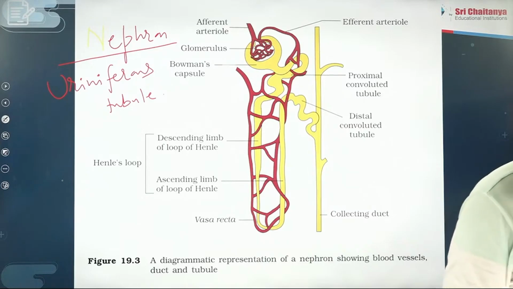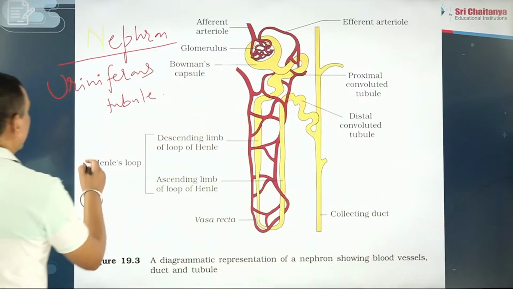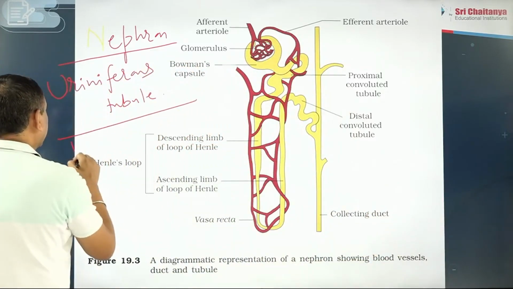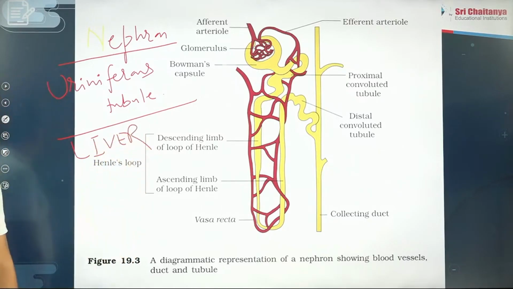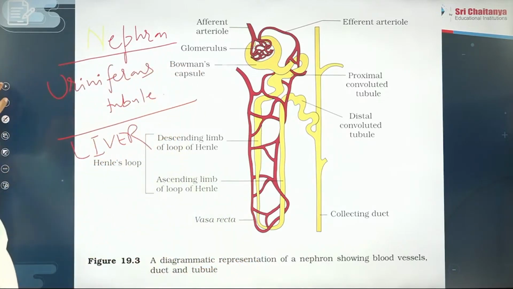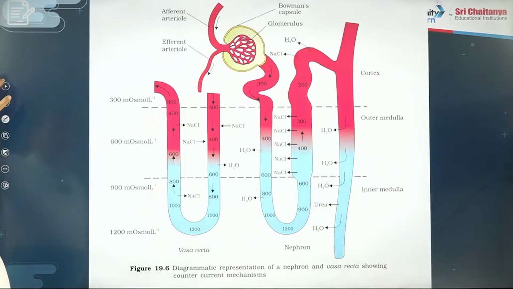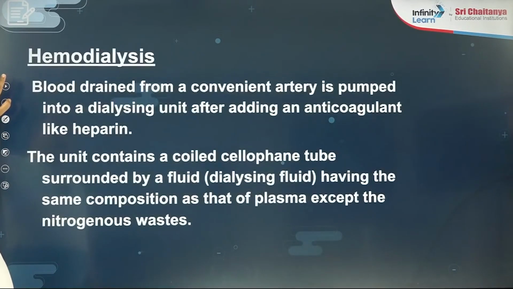Yes, Venkata, you have given the correct answer. The synthesis of urea takes place in the liver. There is one cycle that is known as the ornithine cycle. So when you come here, we will discuss in detail about urine formation.